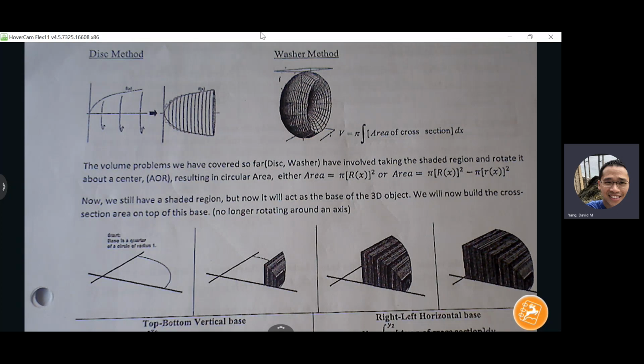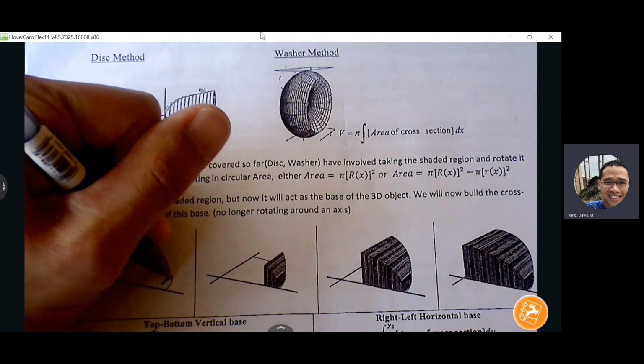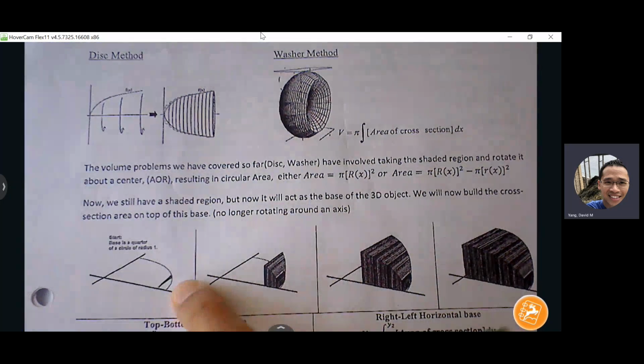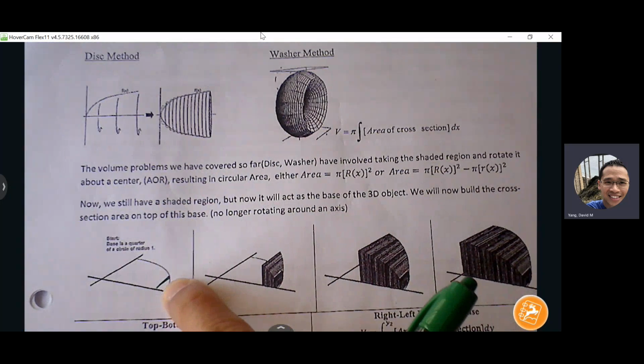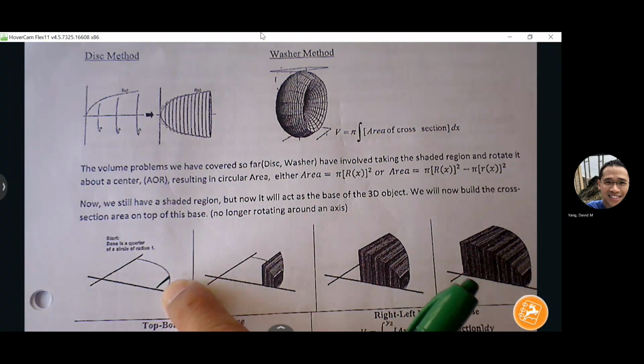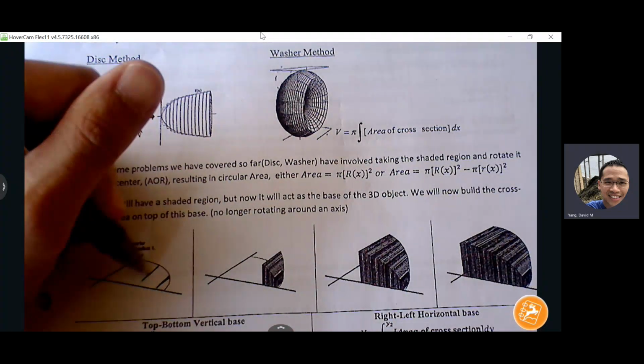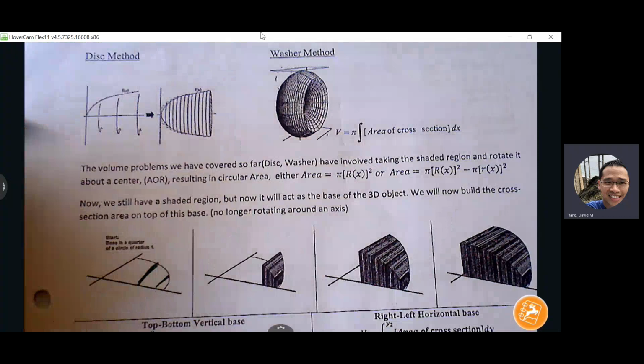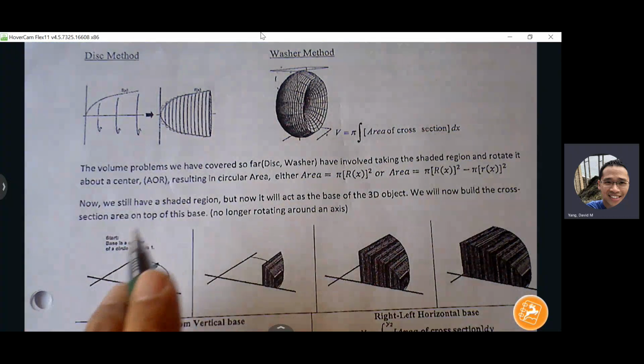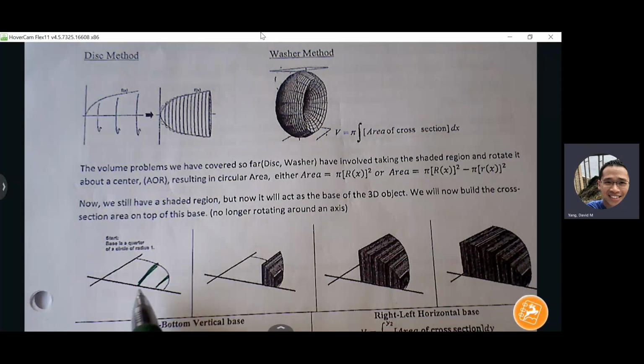So imagine this length. Let's say this is a length of 1, then that means we want to build a square of height 1. If this distance is 2, then we want to build a square coming out of the page of height 2.